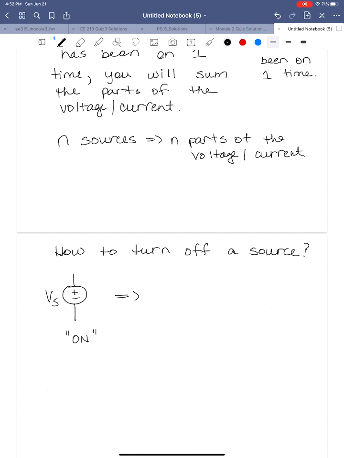We want to have 0 volts for that source to be off. And the question is not just let's make it 0 volts, but what does 0 volts look like in the circuit analysis world? And that looks like a short circuit, right? A short circuit has a 0 voltage drop. So we replace voltage sources with short circuits.